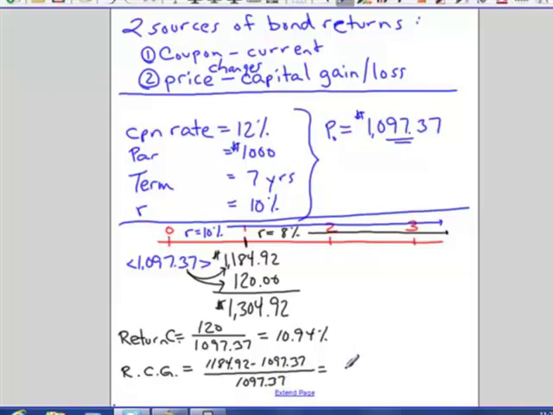And that's going to give us a percentage return of 7.98%. So our holding period return for the year is 18.91%. 10.94% is from the coupon, and 7.98% is from our capital gain.